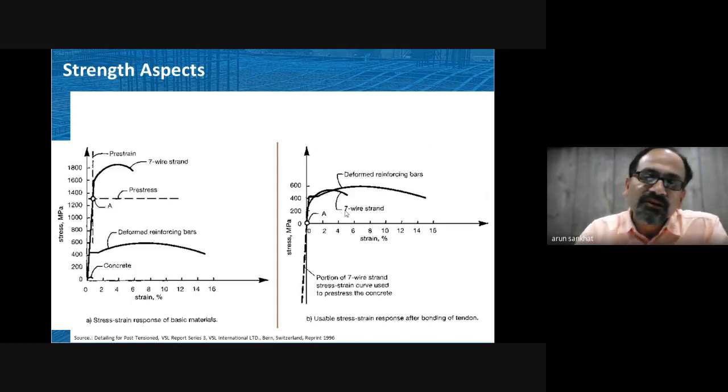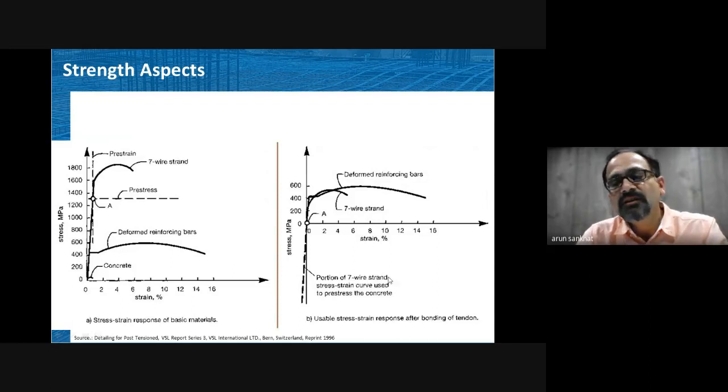So say for example we have a proper bonding between all the materials, so it is acting compositely, and this is the behavior of the graph superimposition of all the parameters, and this is how the stress strain response is actually worked out for all three elements.